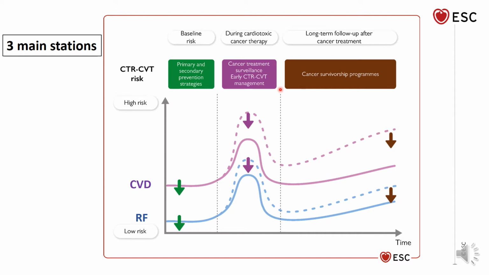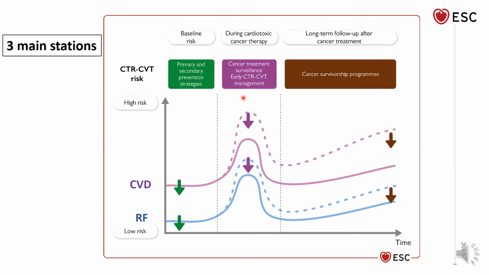So, moving to the second stage, which is surveillance of our patient while he is taking this potentially cardiotoxic drug. Surveillance includes clinical data, investigations like ECG and echo, and biomarkers like N-terminal proBNP and cardiac troponin.